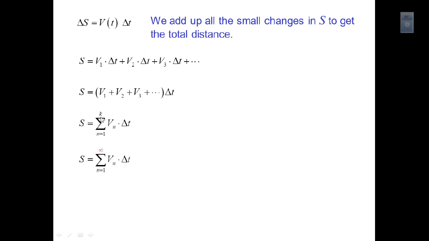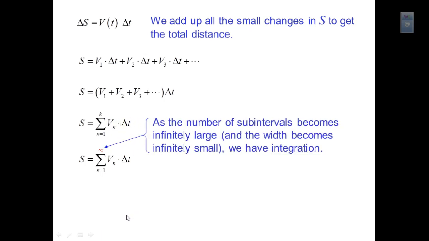Now, if we don't go to k, but we go to infinity, letting an infinite number of velocities be taken at that time, well, then this becomes nothing more than an integral. So s is nothing more than the integral of v of t dt.